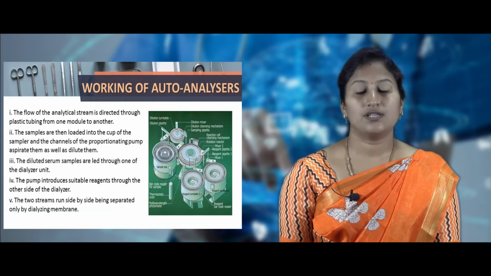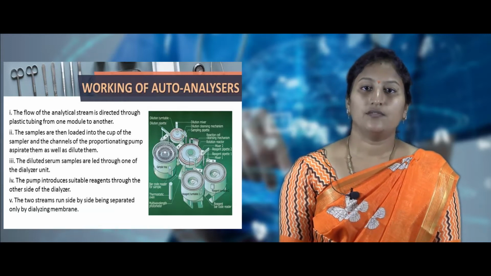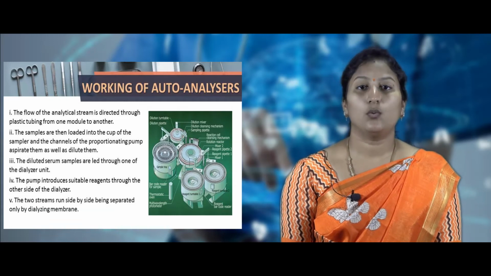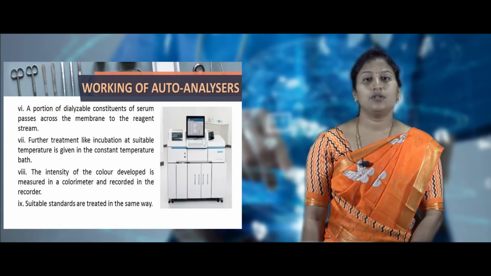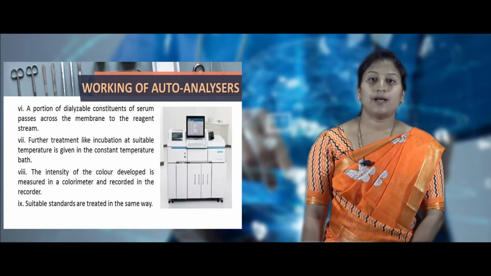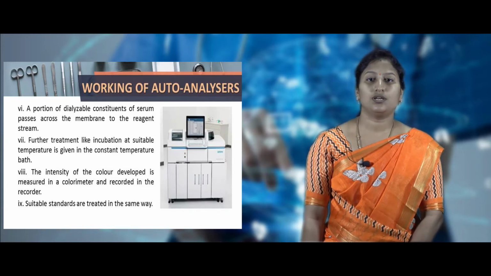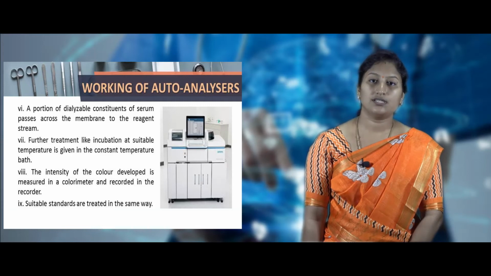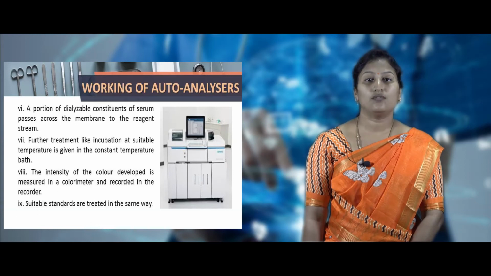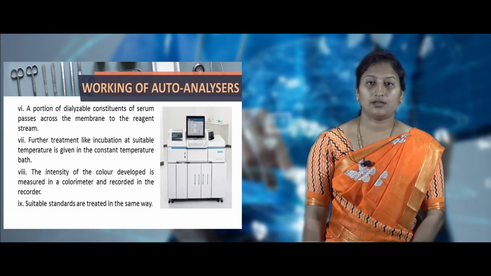The two streams run side by side, separated only by the dialyzing membrane. A portion of dialyzable constituents of serum passes across the membrane to the reagent stream. Further treatment like incubation at constant temperature is given at the constant temperature bath. The intensity of the color developed is measured by the colorimeter and is recorded in the recorder.